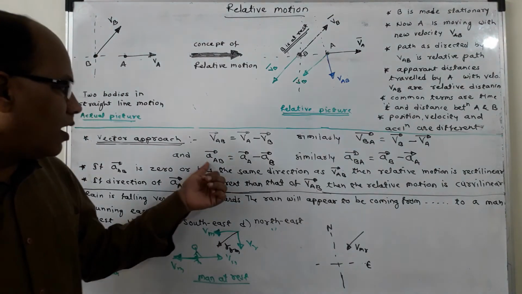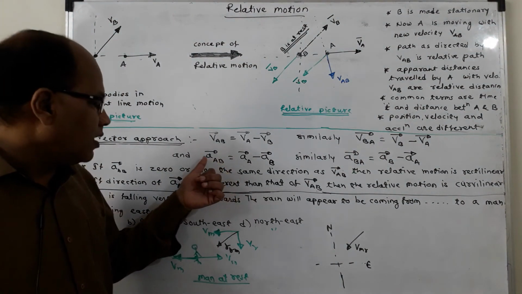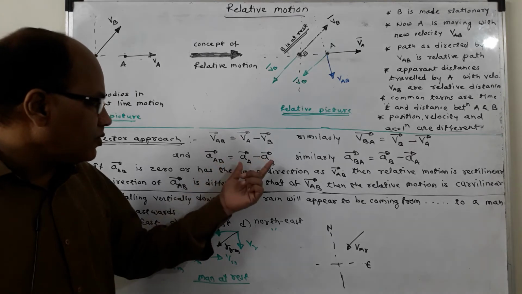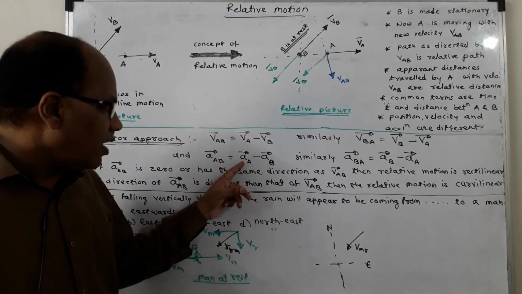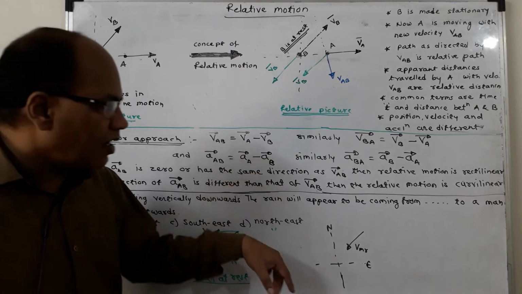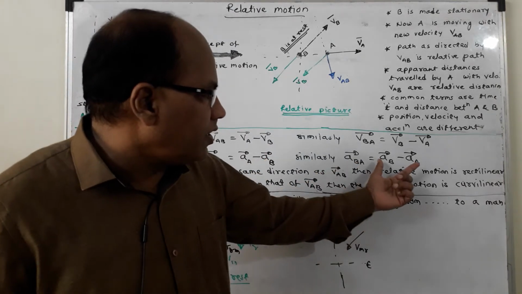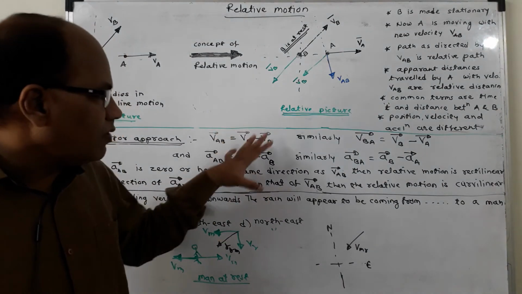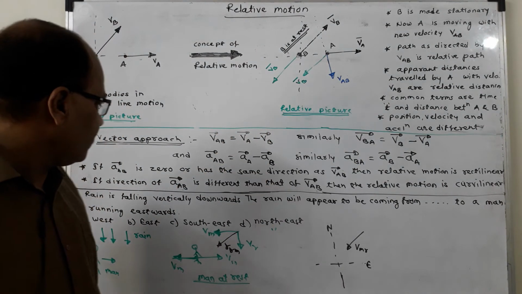Similarly, AAB, the relative acceleration of A with respect to B, can be obtained by using the same vector difference, AA minus AB, whereas ABA can be obtained as AB minus AA. This is how we can get the relative velocities.